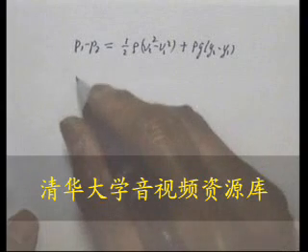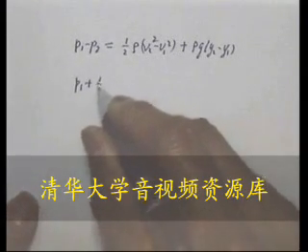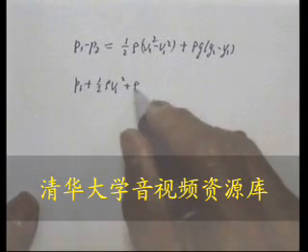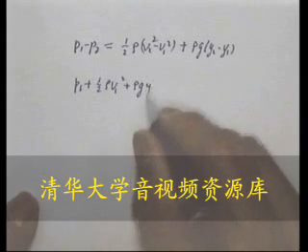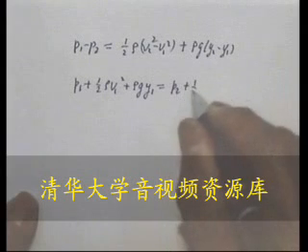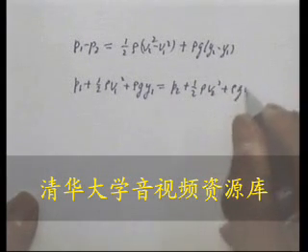Or you get P1 plus 1/2 rho v1 squared plus rho g y1 is equal to P2 plus 1/2 rho v2 squared plus rho g y2.